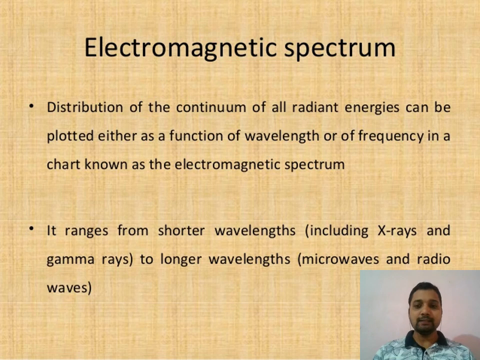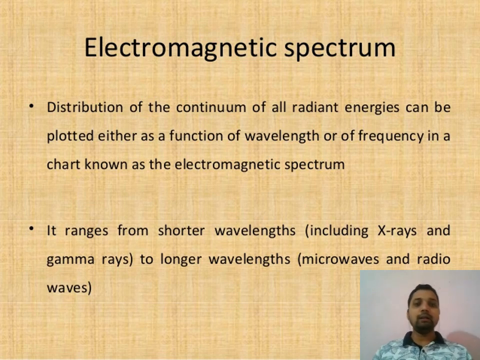First thing to know, what is an electromagnetic spectrum? The term means the orderly distribution of electromagnetic waves in accordance with their wavelength and frequency into different groups having different properties.